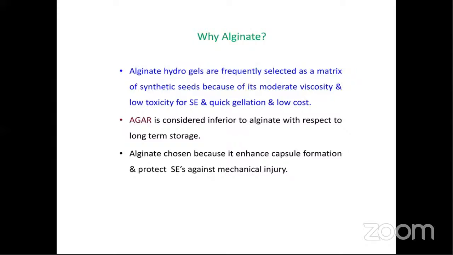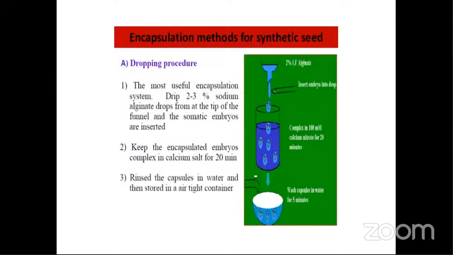Most of the researchers and most of the producers of synthetic seed production technology use alginate only because of its moderate viscosity, low toxicity for somatic embryos, quick gelation and low cost, and alginate is chosen because it enhances capsule formation and protects somatic embryos against mechanical injury. Some researchers use agar, which is inferior to alginate.